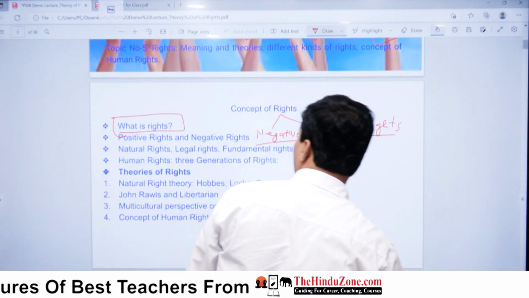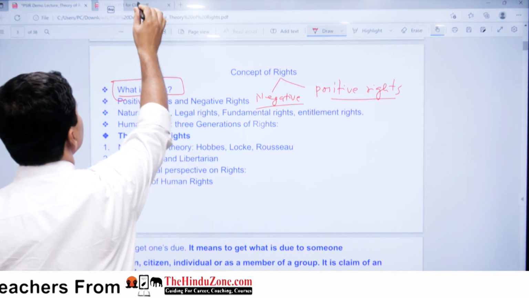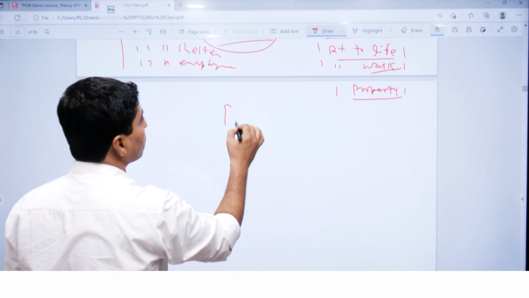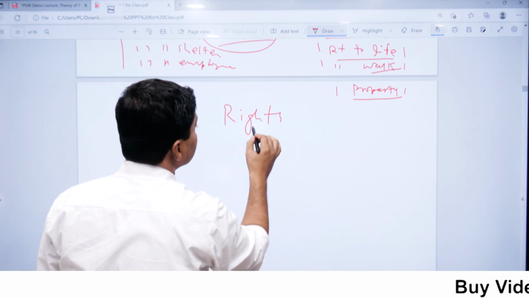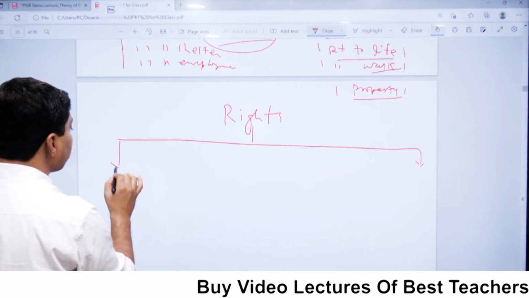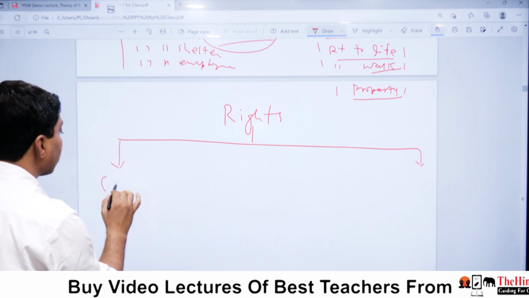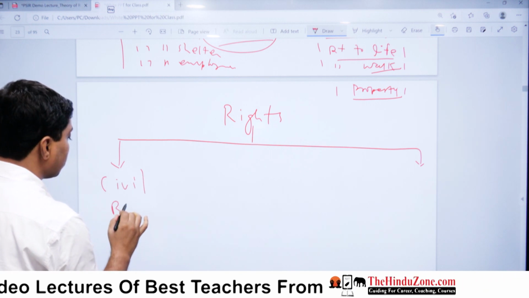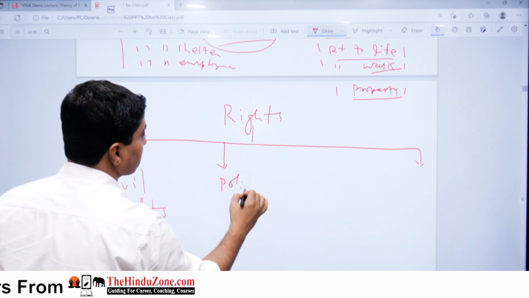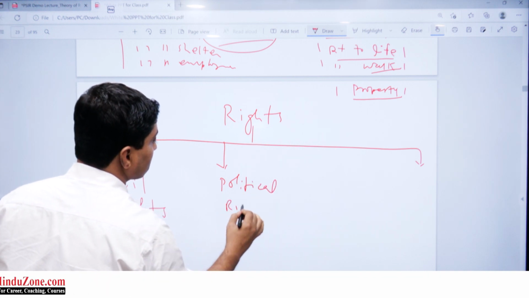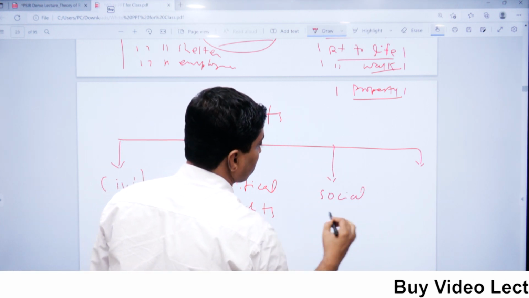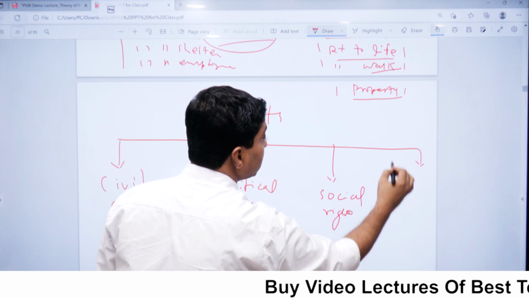Before we go to the basic theory of rights, let me talk about some basic meaning of rights. For example, I taught you rights. It has several dimensions, like civil rights, like political rights, like social rights, like legal rights.